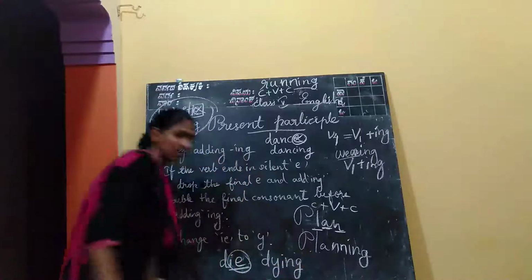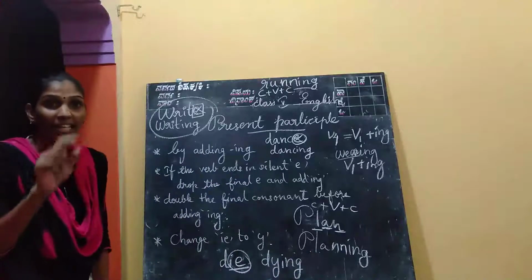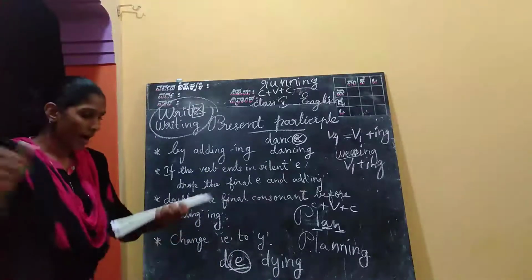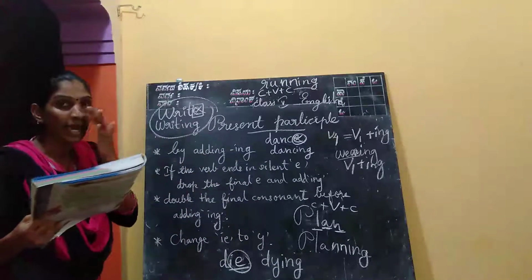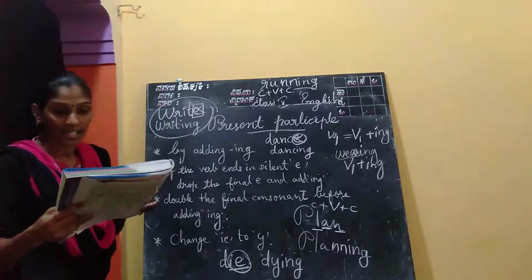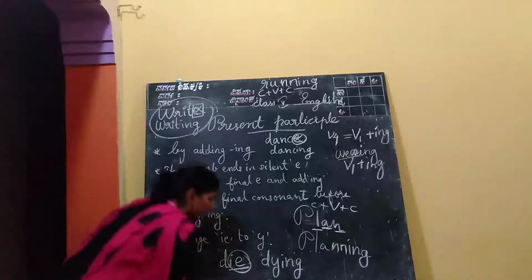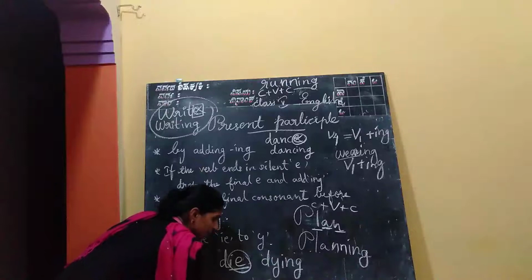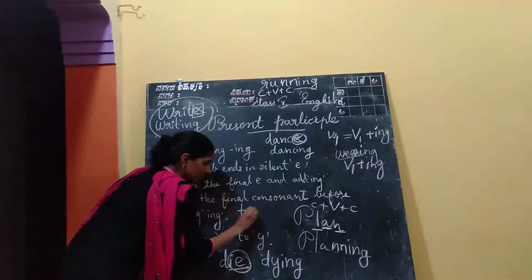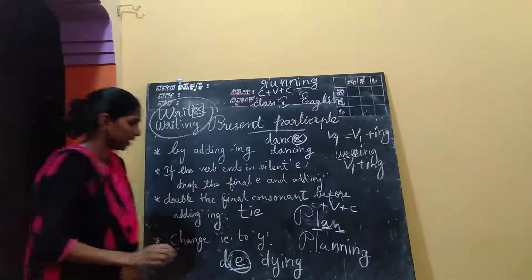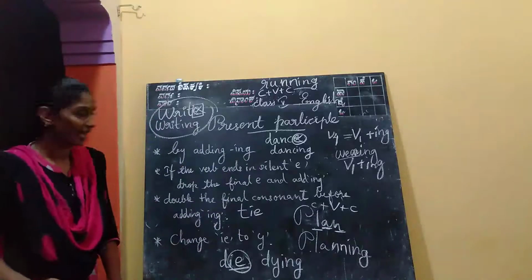Dying. IE changing to Y, then we are adding ing. Dying. Like the same, tie. It is also ending with IE. Right.